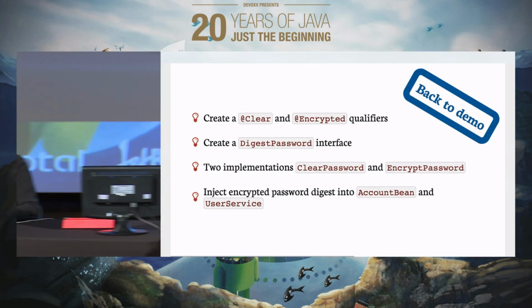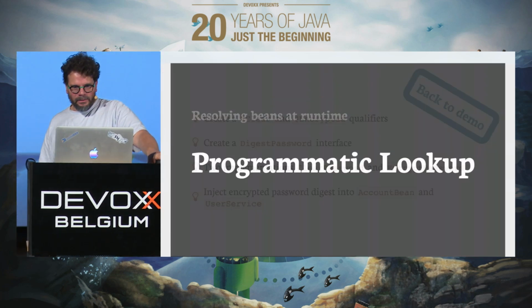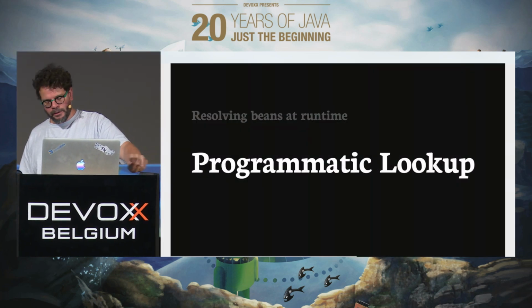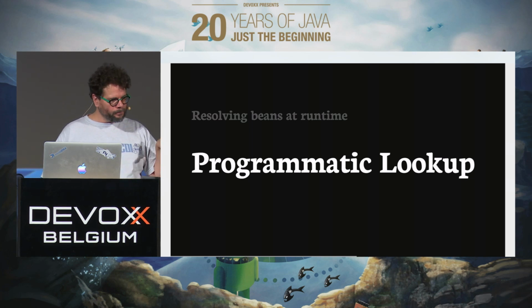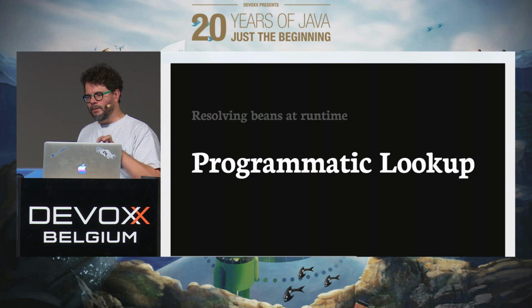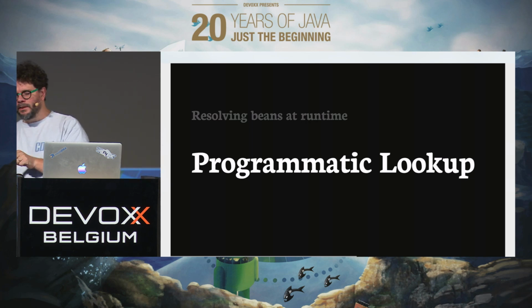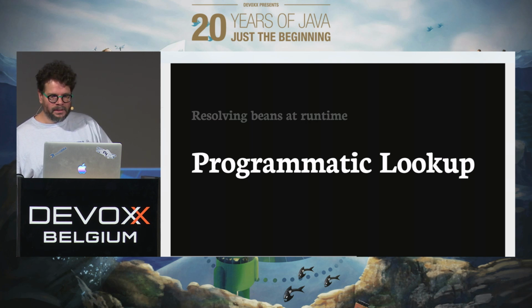So what we'll need to use here is a very nice feature of CDI. Until then, we saw injection were resolved at boot time, at deployment time. But sometimes you need to choose your bean or resolve your bean at runtime. So you have a nice feature, which is the programmatic lookup.